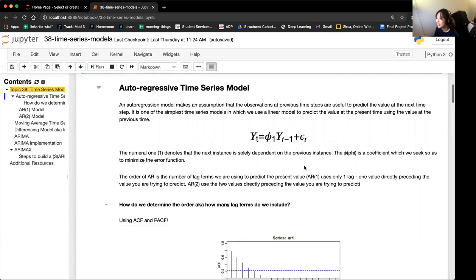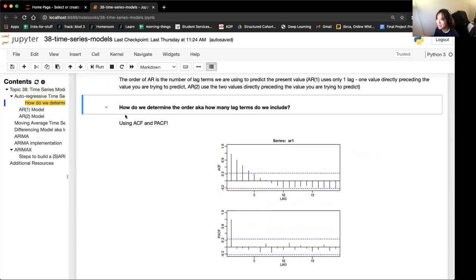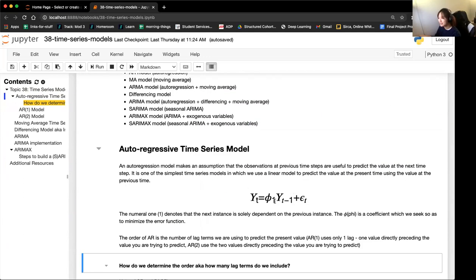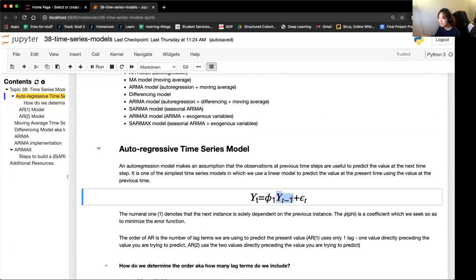All right, so how do we determine the order or how many lag terms to include? As you could maybe guess from what we were doing last time, we're going to use the ACF and PACF plots. This is saying that you can use some proportion of yesterday's price to predict today's price, which just means that this is probably highly correlated with this.